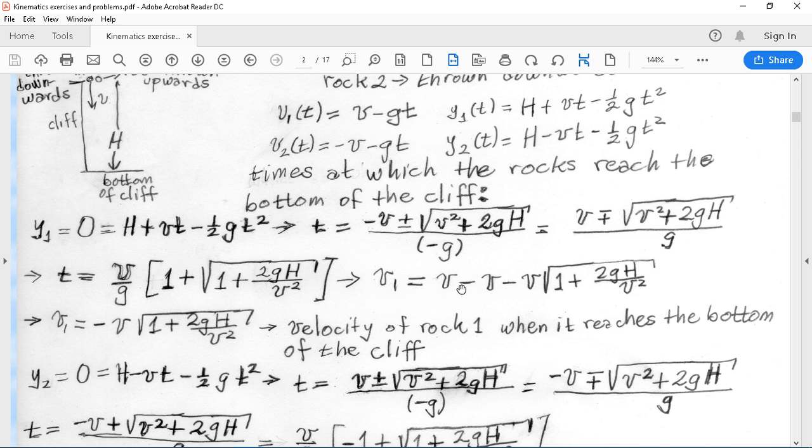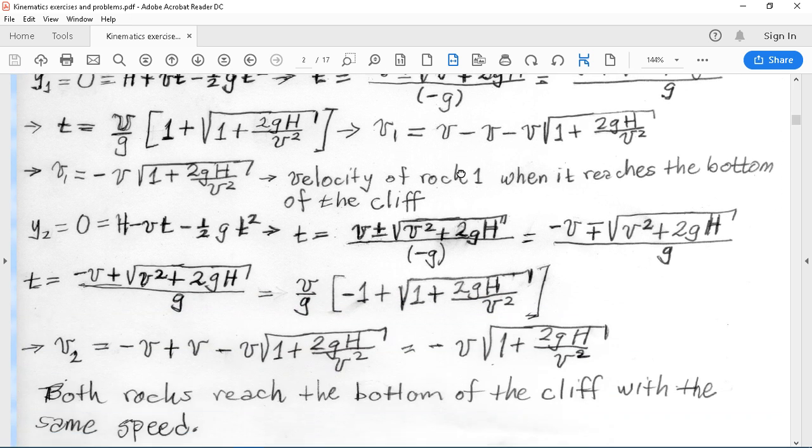V1 equals v minus v times the square root of 1 plus 2gh over v squared, and in the end it gives us v1 equals minus v times the square root of 1 plus 2gh over v squared.